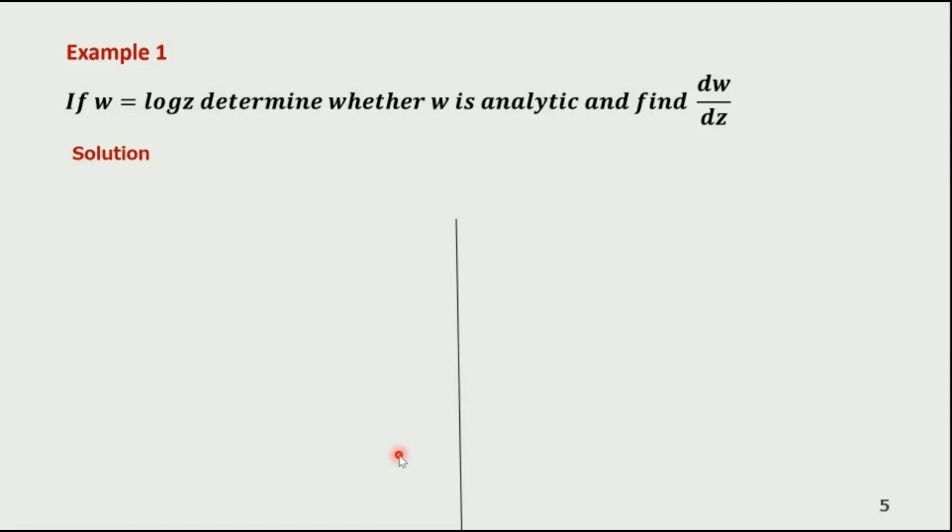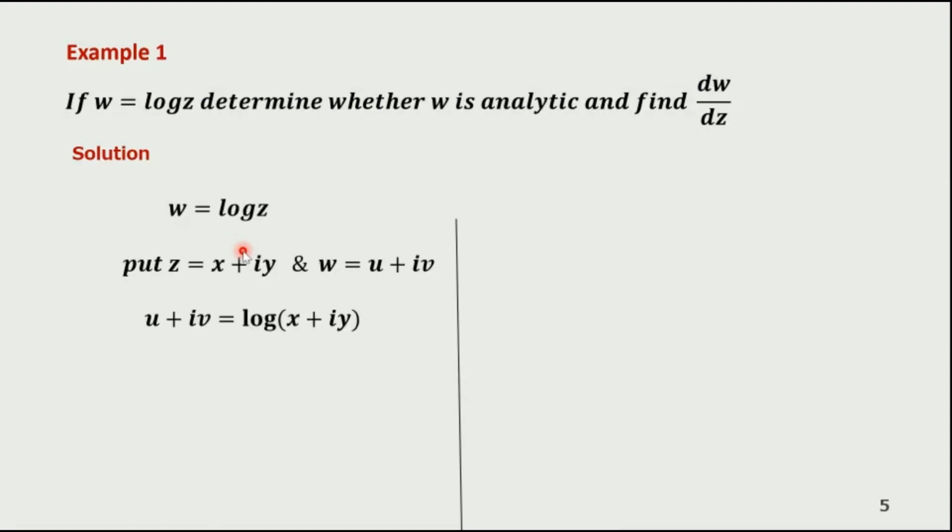So normally what we have to show W is analytic, we show that the CR equations are satisfied. So we normally replace W by U plus iV and Z by X plus iY if it is in the Cartesian coordinates. That also can be done in this case. If I replace W by U plus iV and Z by X plus iY, I will get U plus iV is log of X plus iY.